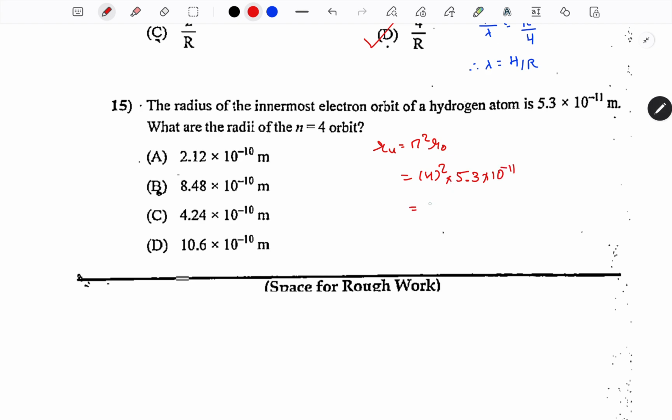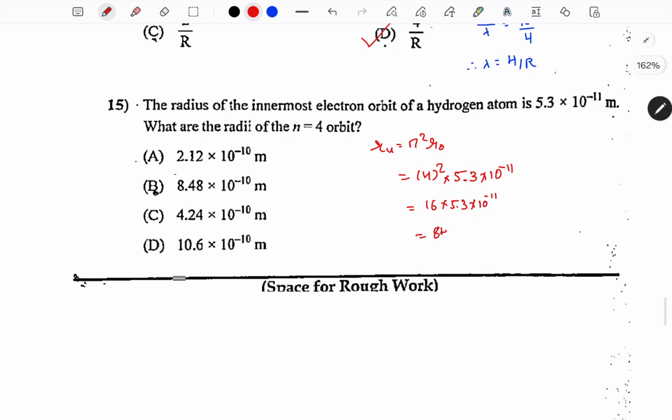So it will be 16 into 5.3 into 10 to the power minus 11. 16 into 5.3 is 84.8 into 10 to the power minus 11. So we can write 8.48 into 10 to the power minus 10 meter. 8.48, option B.